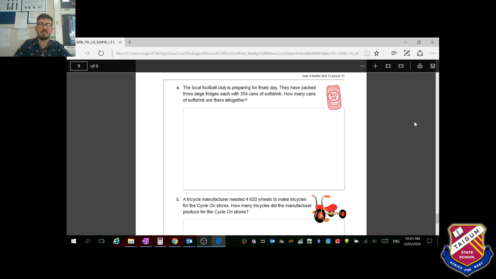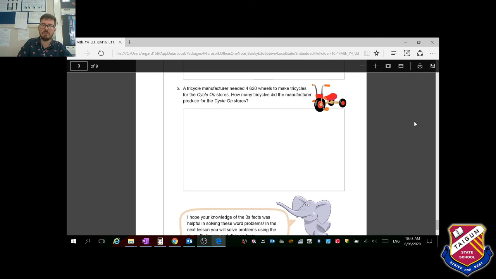That's my guess. The operation is trying to find a total, so I'm going to use multiplication. So I'm going to multiply the numbers 3 times 354. My answer is 1,062. So give yourself a tick if you got that correct and if you used the correct working out.